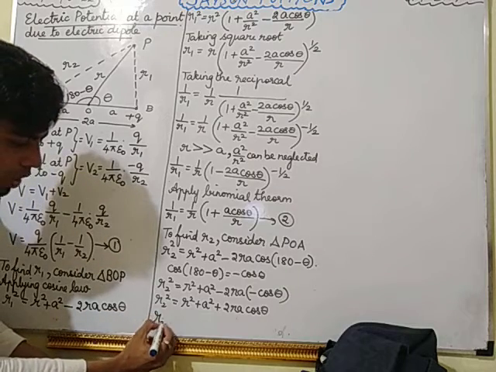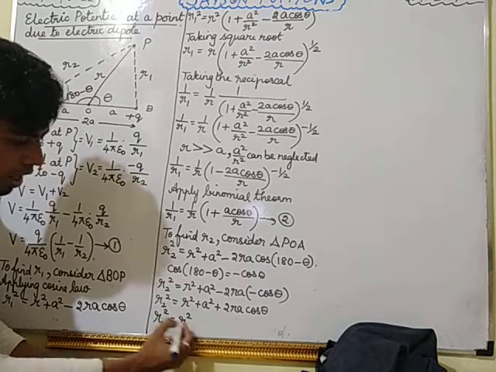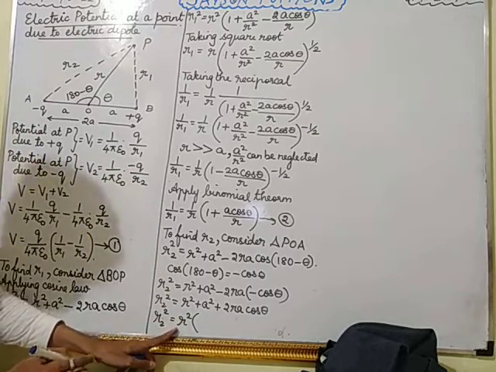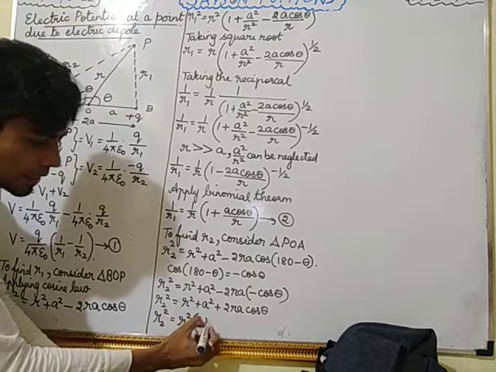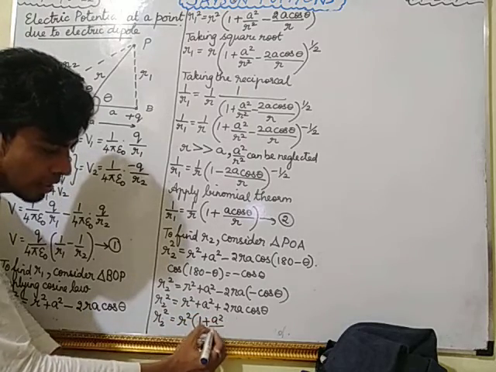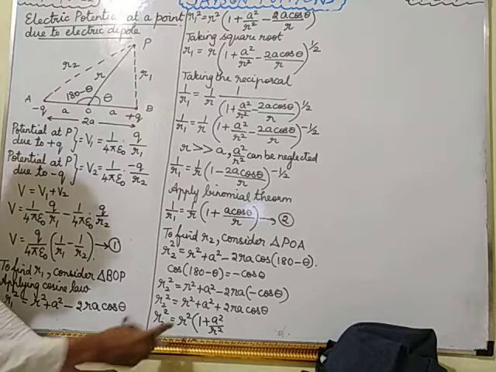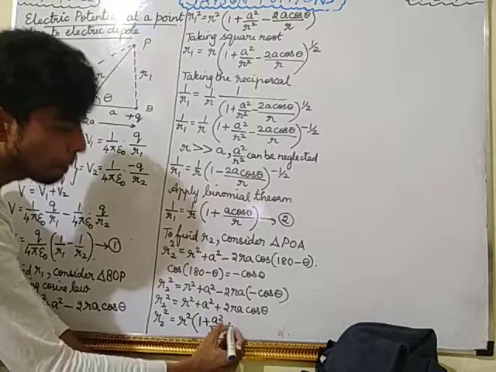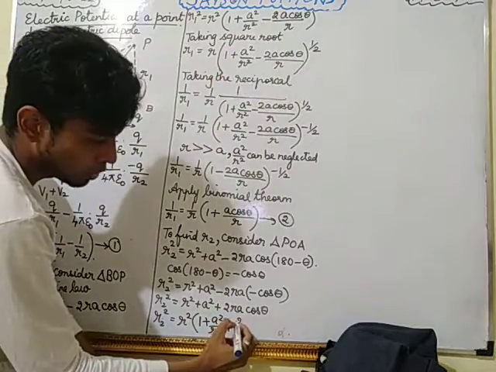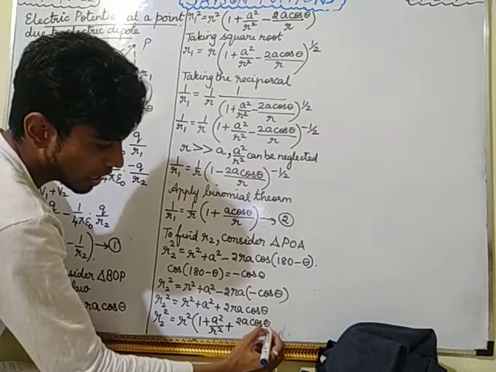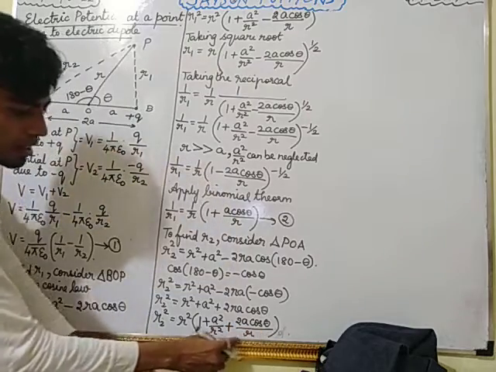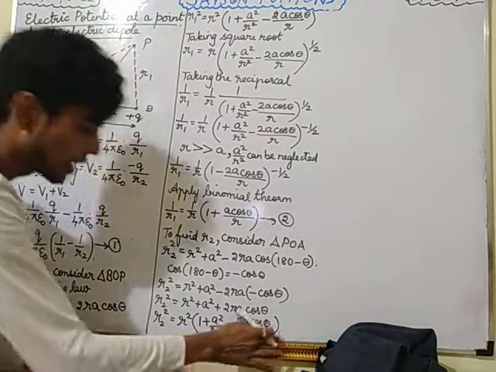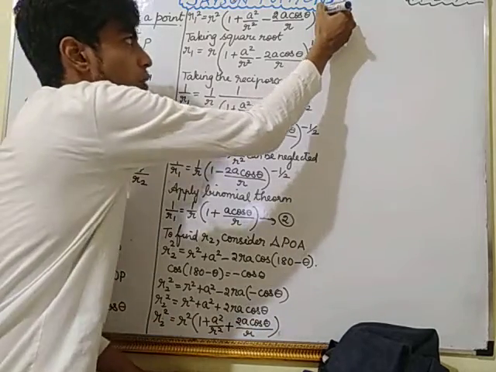R2 square is equal to R square into 1, plus A square by R square, then plus 2A cos theta divided by R. Now I have to take the square root.